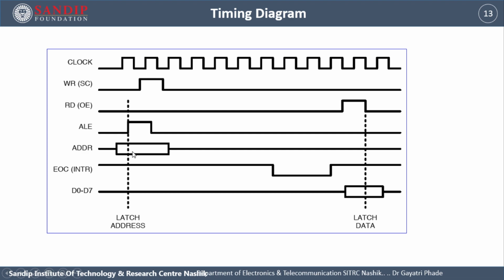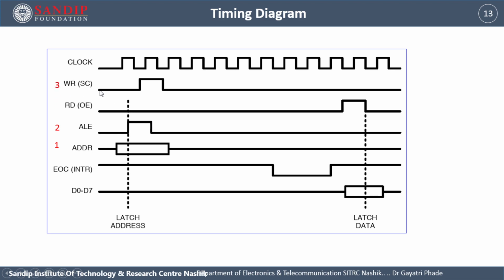So let us understand how the communication from the microcontroller to the ADC takes place. Initially, the microcontroller selects the channel by giving the address to ABC. Once the channel is selected, this channel is latched in the ADC by giving this high signal to ALE.